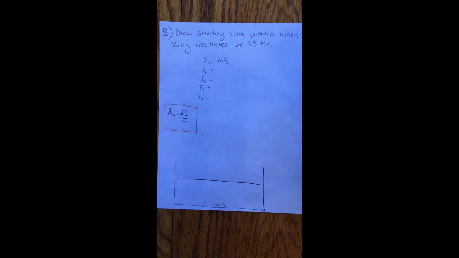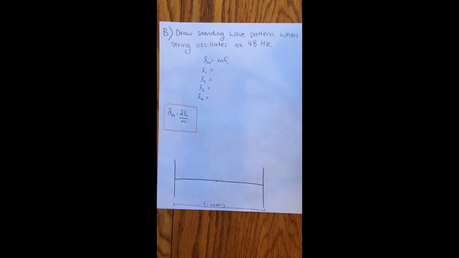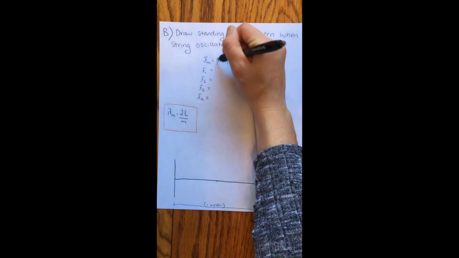Part B is a lot shorter, and we're supposed to draw the standing wave pattern when the string oscillates at 48 hertz. Remember that vibrating strings vibrate at all harmonics of the fundamental frequency. So in our case, remember that this is equal to 12 hertz. So the number that we're looking for is going to be a multiple of 12 hertz. To find harmonics, there's a simple formula right here.